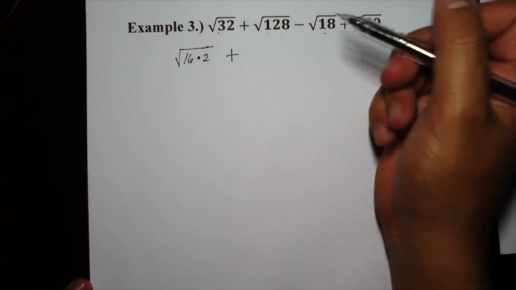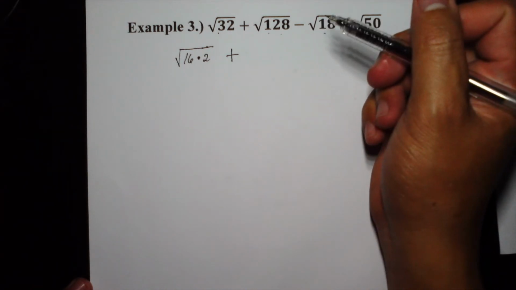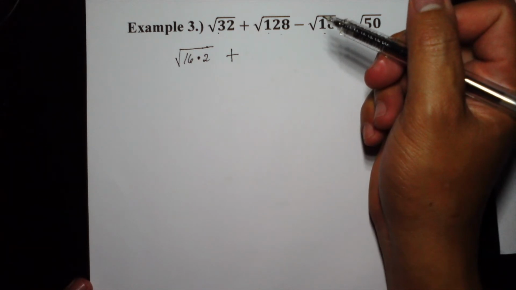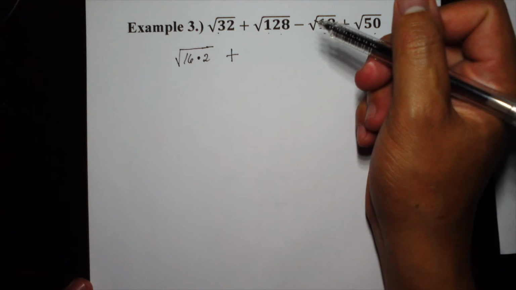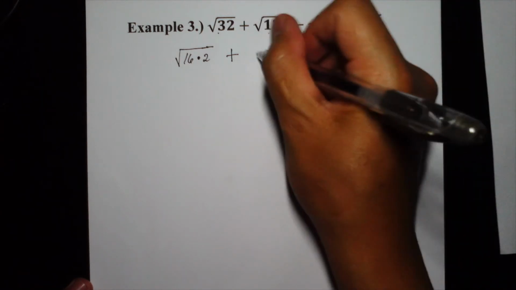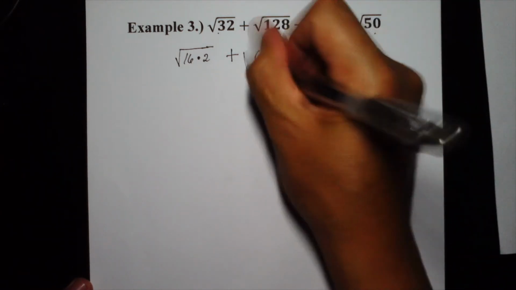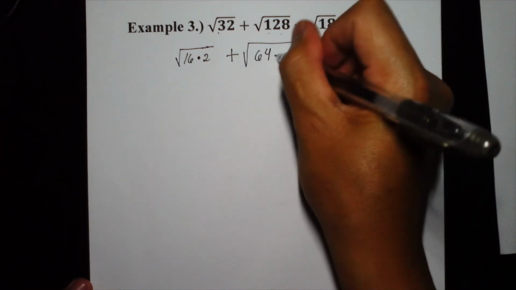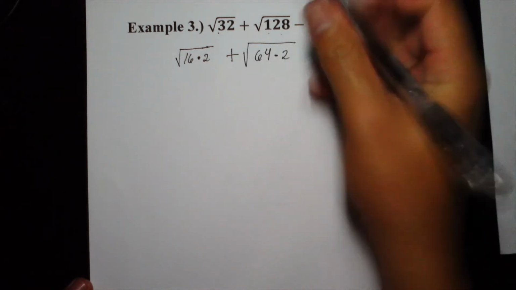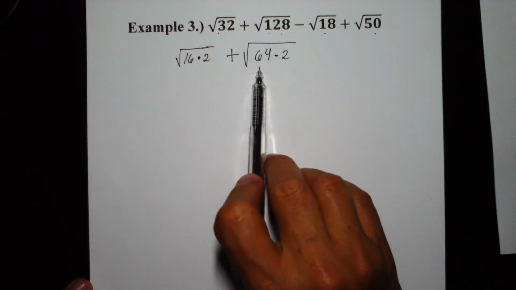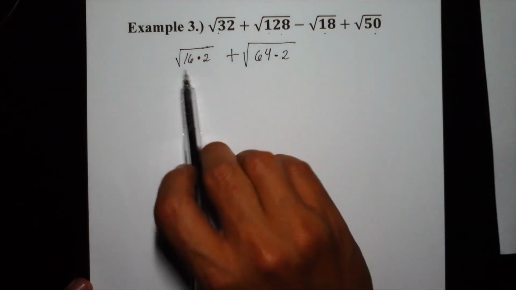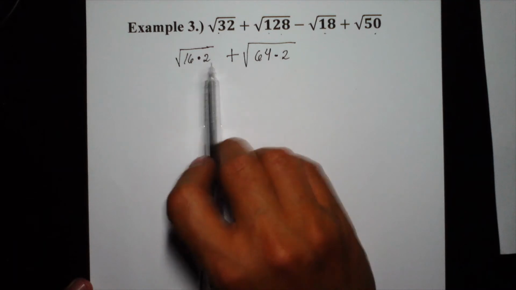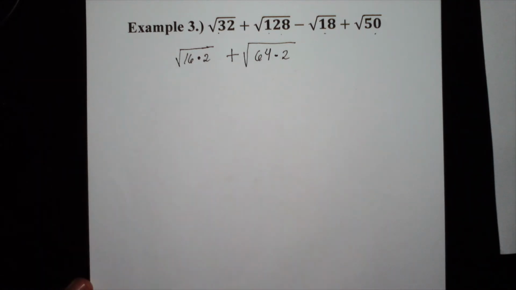Make sure that one of the two factors is a perfect square. So the factor of 128 is 64, square root of 64 times 2. As you can see, 64 is a perfect square. The same is true with the 16 times 2, 16 is a perfect square.